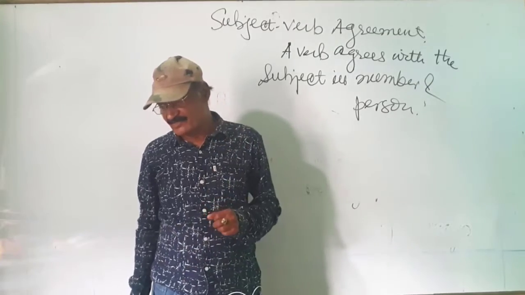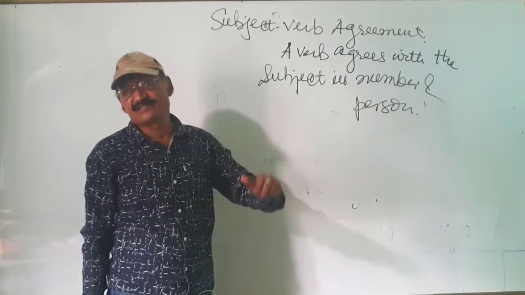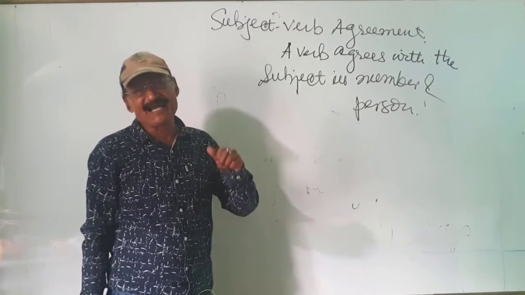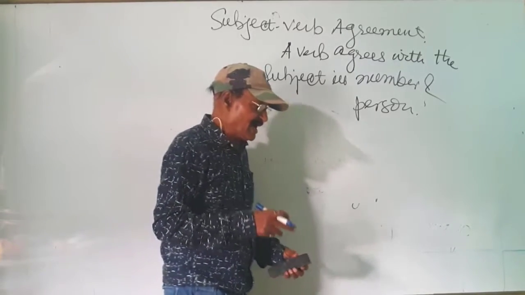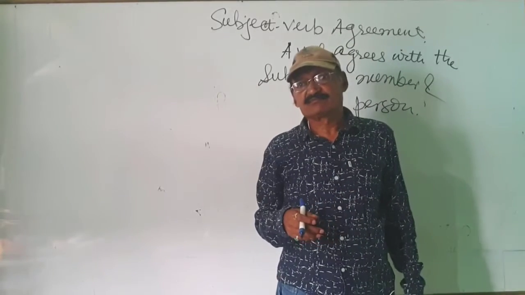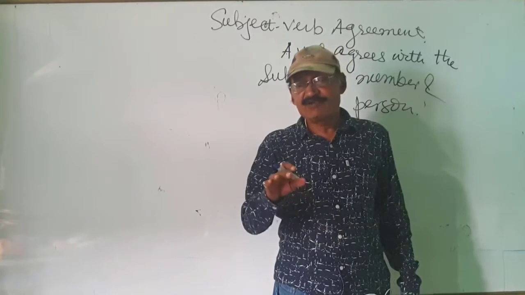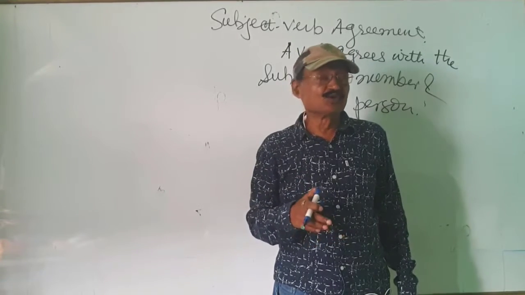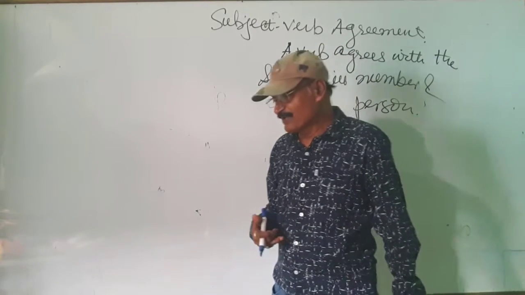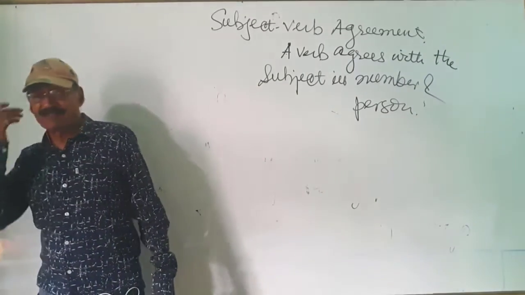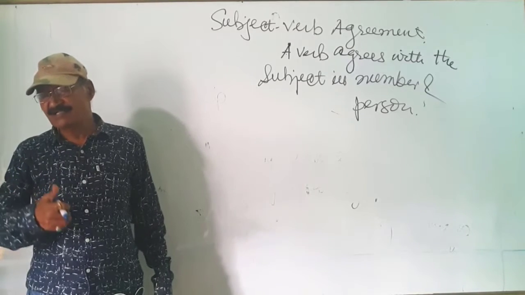So these are the persons. The question arises, a verb agrees with the subject in number and person. What do you mean by that? It means if you have a singular subject, you will have to use a singular verb. If you have a plural subject, you will have to use a plural verb. How can we make plural subjects?